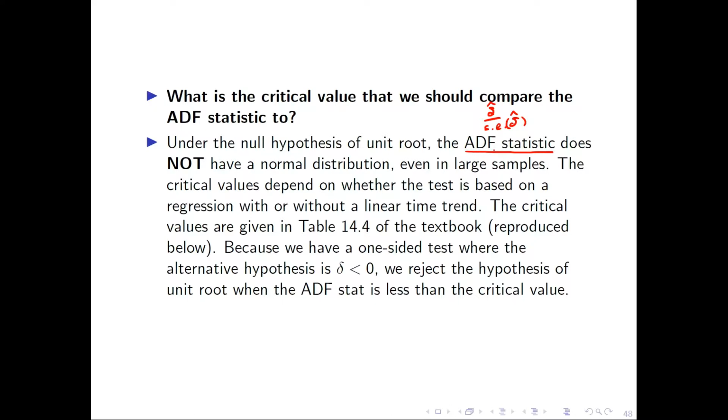And we have a one-sided test because we would only reject the null hypothesis of a unit root, which means that we have a stochastic trend, if this augmented Dickey-Fuller statistic is below 0. So if the delta is below 0 by enough margin, then we can reject the hypothesis of unit root.